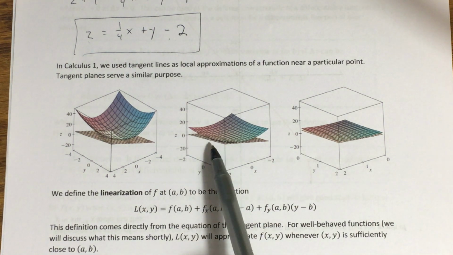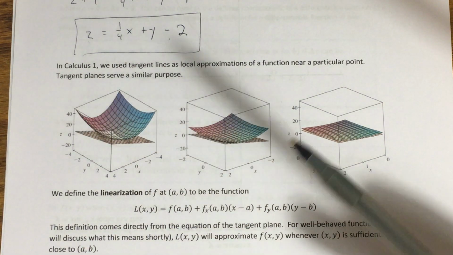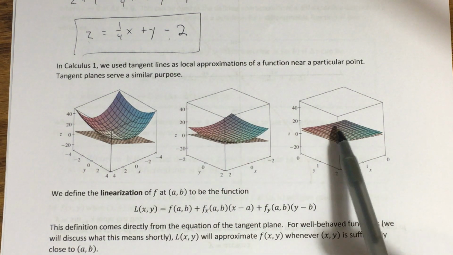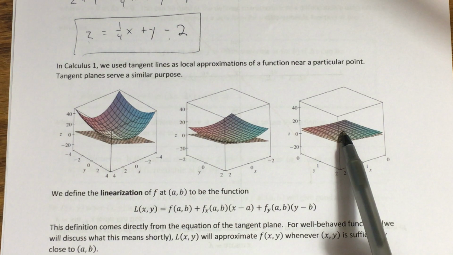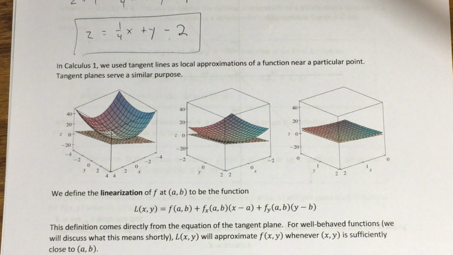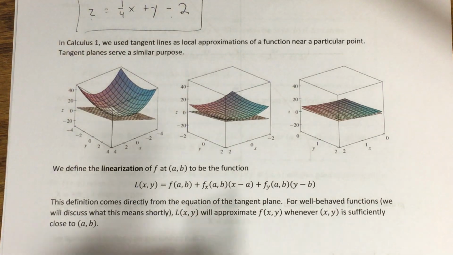And for that reason, the tangent plane can give us good approximations to the function f of x, y that would give us this surface, as long as we're relatively close to the point that we computed that tangent plane at. Now, we do need to be careful with this because that approximation is a good approximation under certain conditions, and we're going to talk about those conditions a little bit later.